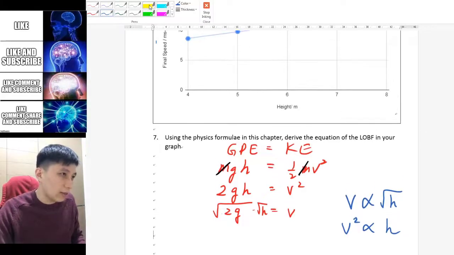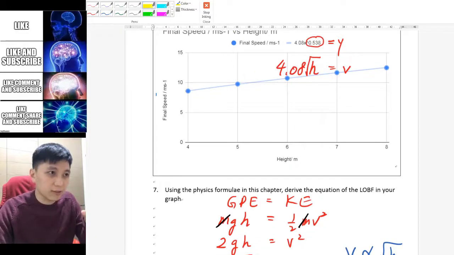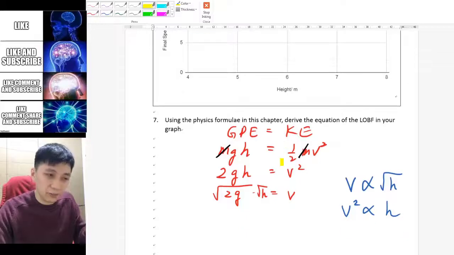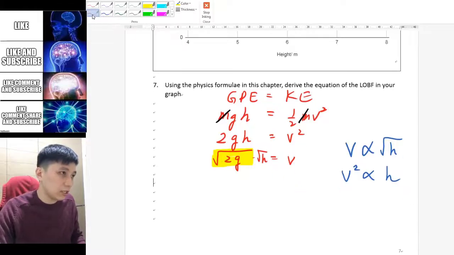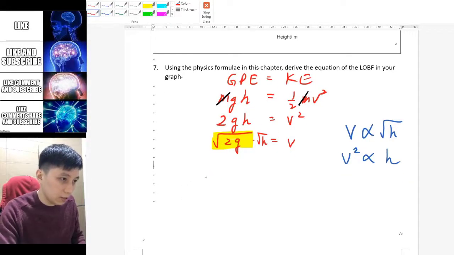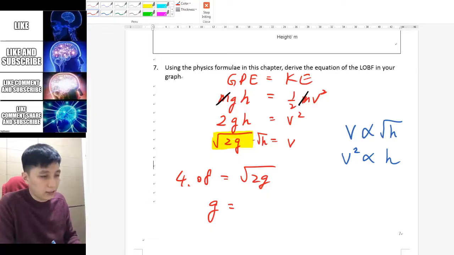And also you can notice one more thing, just like previously, there's a reason for why it is 4.08, and that is because it corresponds with the coefficient, which you may call root 2g. And if you try to calculate the g by equating them, you should be able to find the one that is close to the one that we set in the simulation.